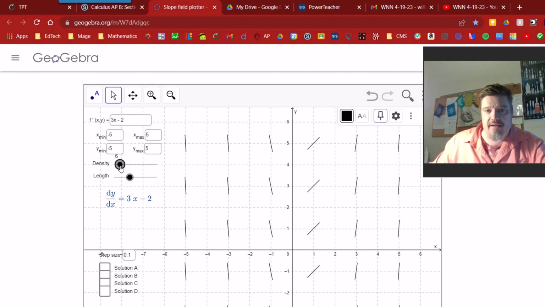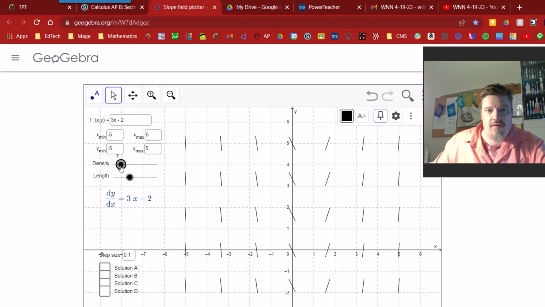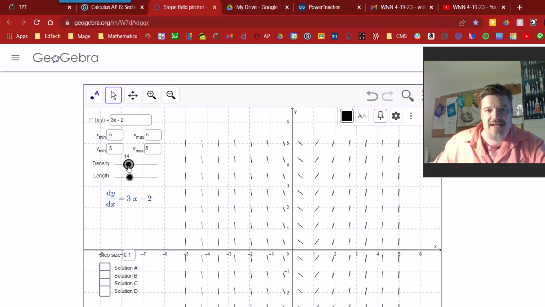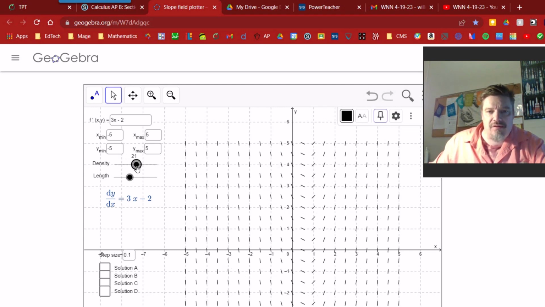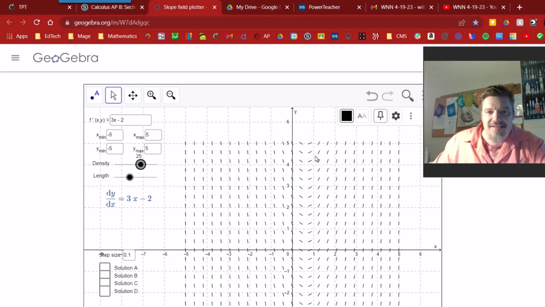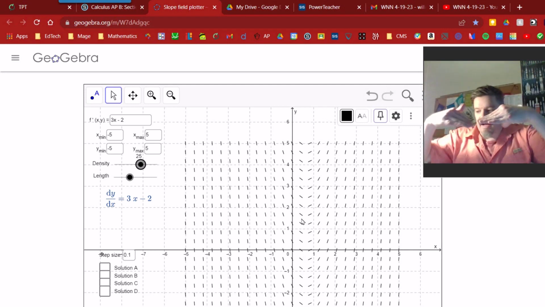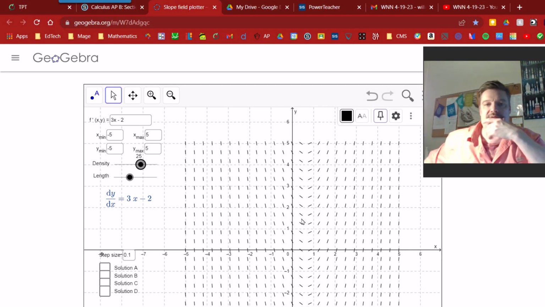Yeah, kind of like that, right? All right. But if we increase the density, you can see really clearly that in between 0 and 1 is where we're going to get our vertex, where they kind of converge, and you can see that on your paper, okay?